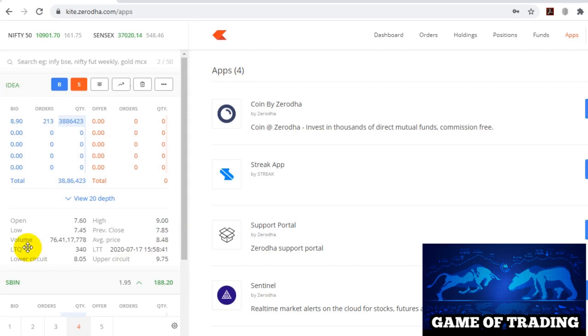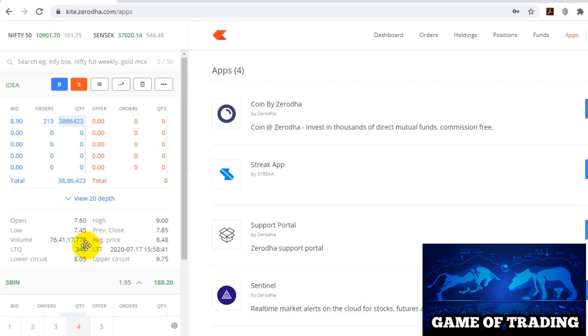Well, volumes. What does it mean by volumes? Volume is the actual number of shares traded of that particular company on that particular day. Let's say 197 people sold 76 crores 41 lakhs 17,778 shares on the particular day.